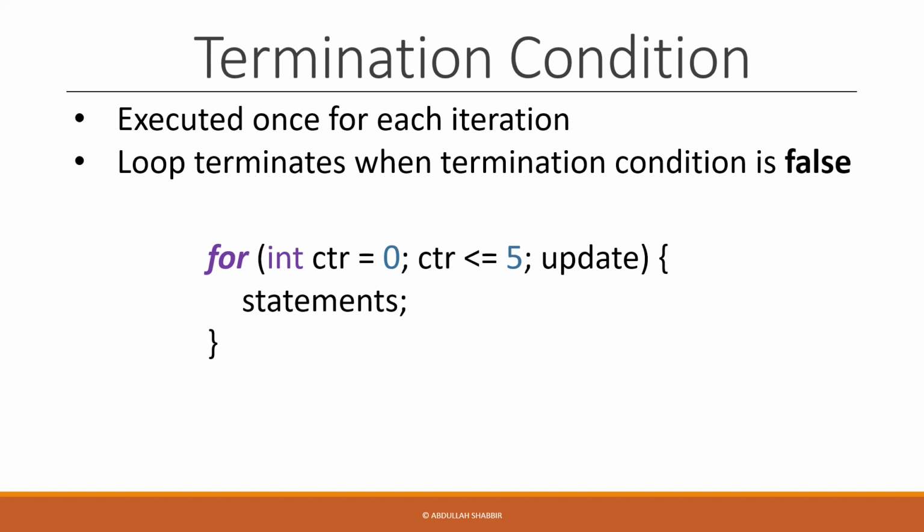Remember, a condition should be a boolean, as counter less than 5 will give us a boolean, either true or false, so I am able to write this in my conditional block. So if my int variable counter starts from 0 and goes till 5, as ctr is less than or equal to 5, can you guess how many times the loop will run? This loop will run 6 times, as 0 to 5 is 6.